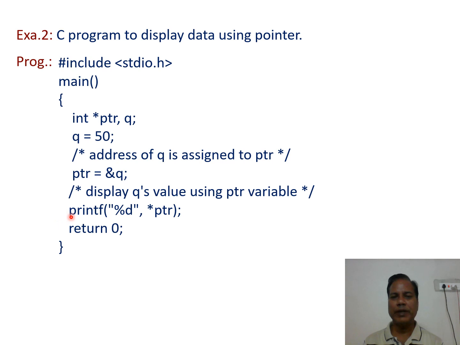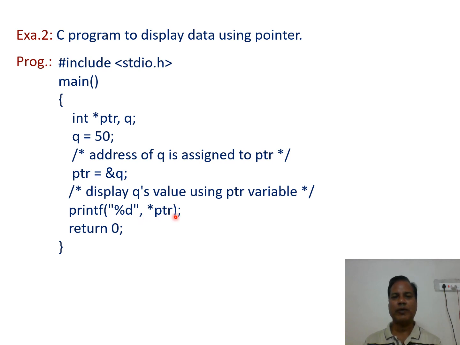Then using the printf function, the value at that address stored by ptr is printed. So *ptr, this indicates the value stored at the memory location held by ptr gets printed.